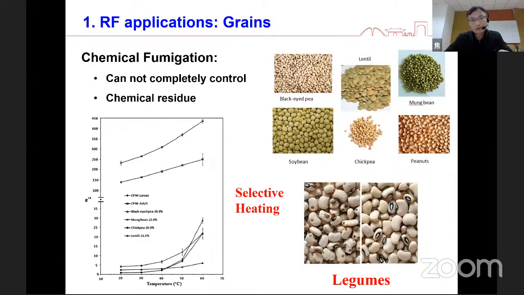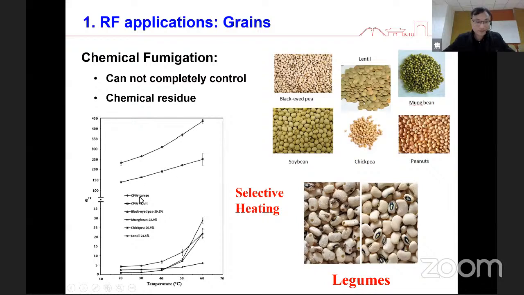So that's why we're using this technology to kill the insects. It's really a good one for this application. Why? RF heating is a dielectric heating method, right? The insects have totally different dielectric properties compared with the grains.